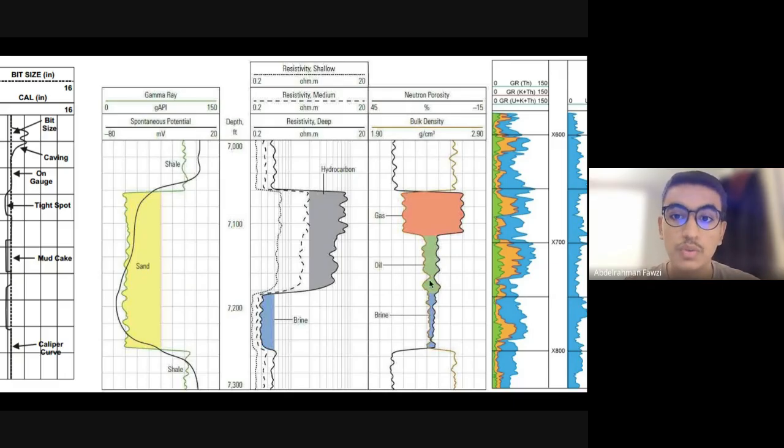Our neutron will also be closer to our density reading because oil contains more hydrocarbons than gas. So if you emit a neutron, it is more likely to collide inside the oil than the gas. And the same goes for the brine, because it is the most dense fluid among all of them.